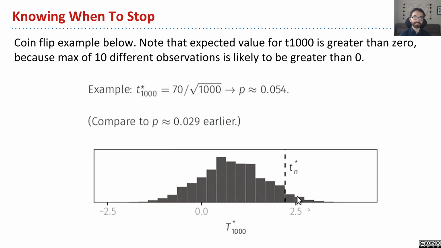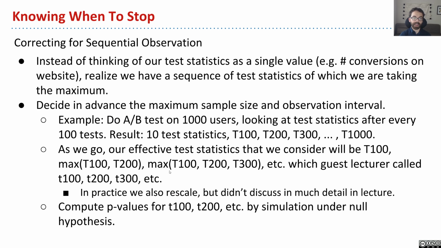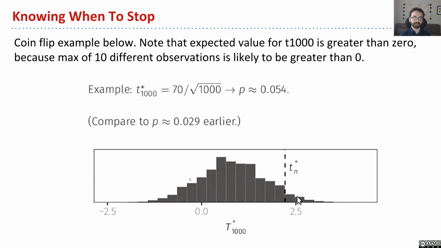And maybe the really interesting thing, looking at the actual figure, is this. If we were trying to imagine the distribution of number of heads minus number of tails after doing 1,000 flips, it would naturally be centered at 0. However, here, this special observation, T star 1000, which is the max of the previous 1000 observations. I don't know why I used a capital here, because this is the lowercase version, but hey. But this right here, you see it's centered above 0.